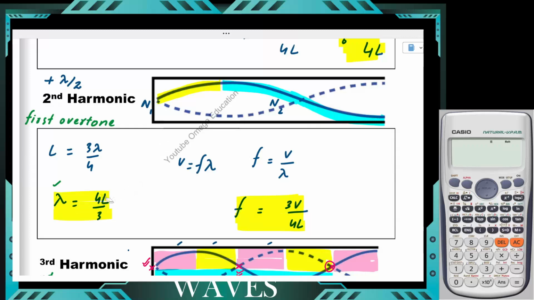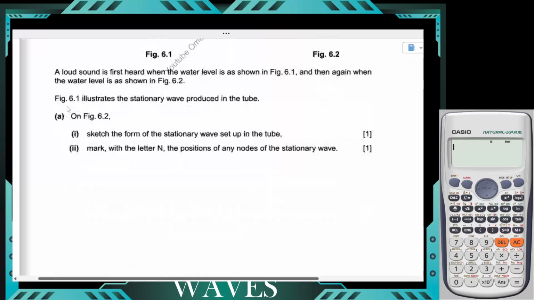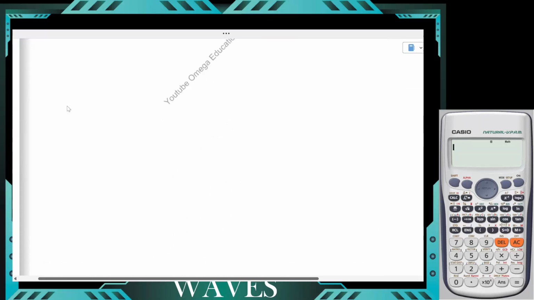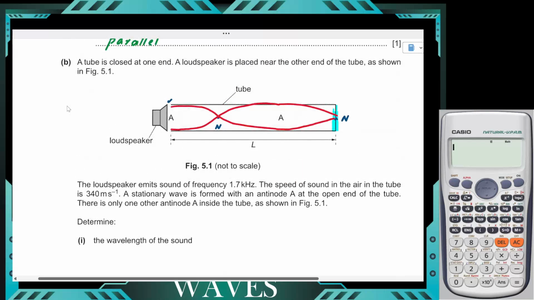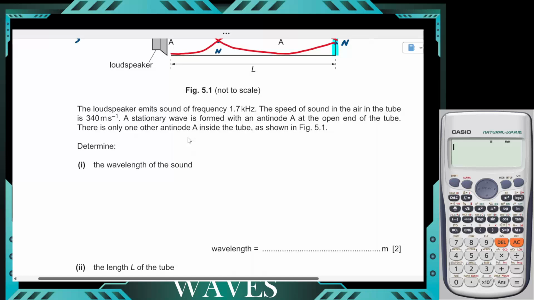So the wavelength in that case equals 4L over 3, and the frequency equals 3V over 4L. I'll just write down these formulas in case we need them. Wavelength equals 4L over 3, and frequency equals 3V over 4L. All right, so what do we need to do in the first part? We have to find the wavelength of the sound.